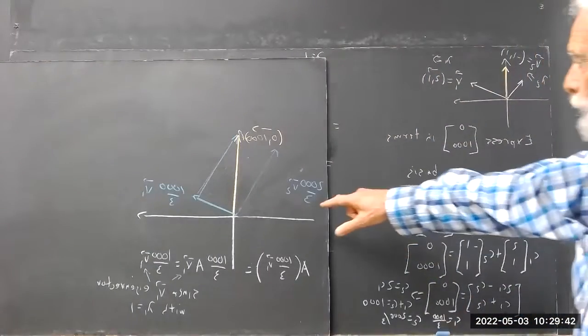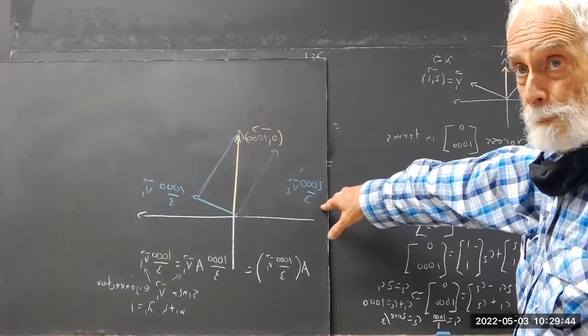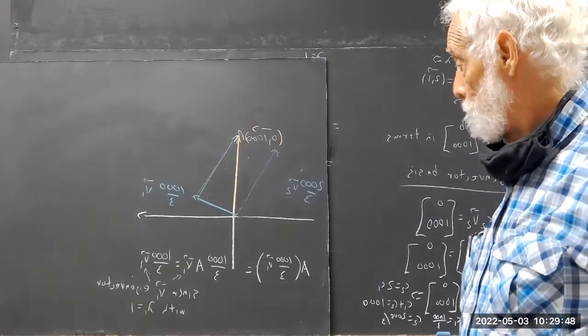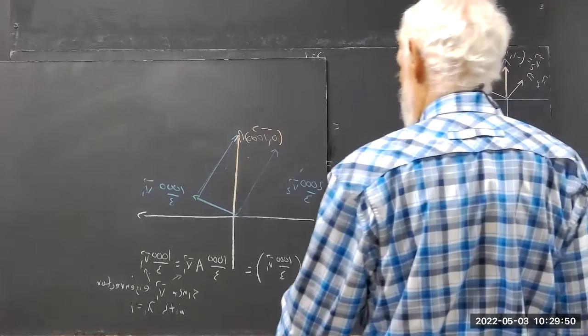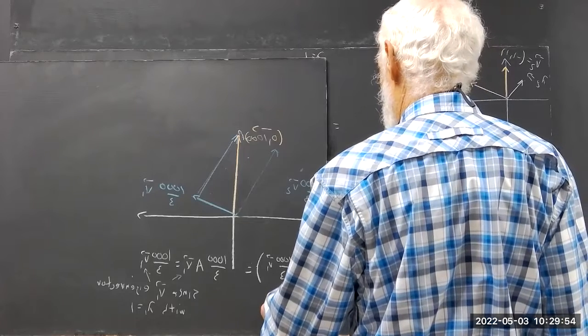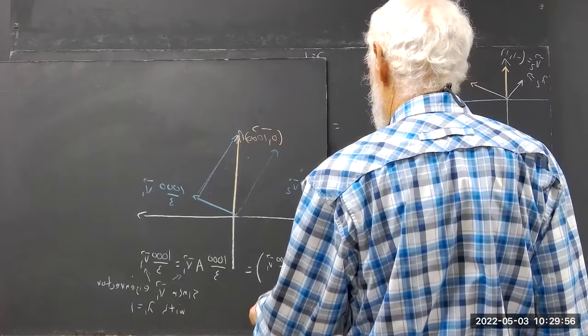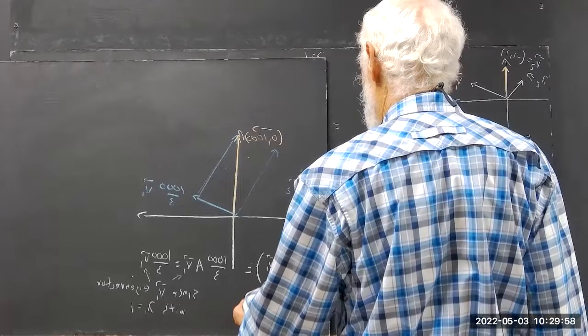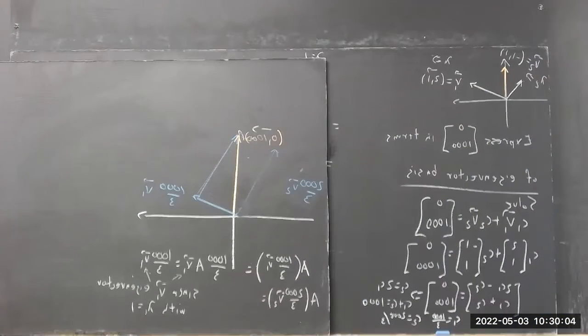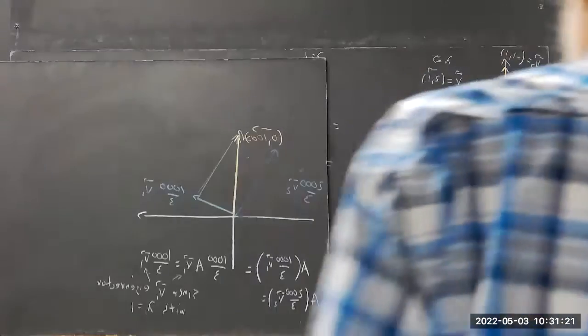So can you tell me what happens to this vector? Okay, I think I've really either got it or on track.